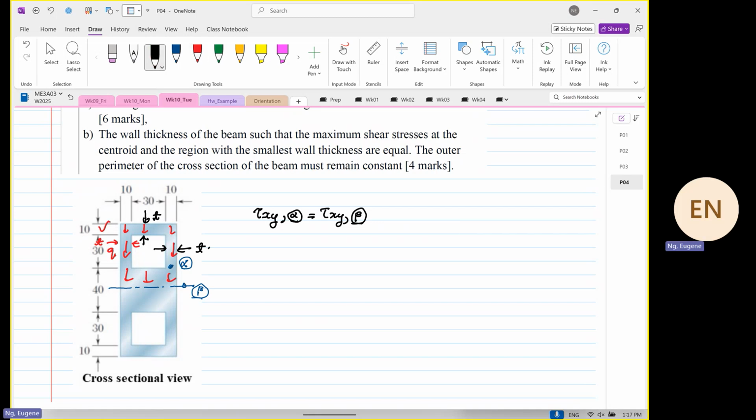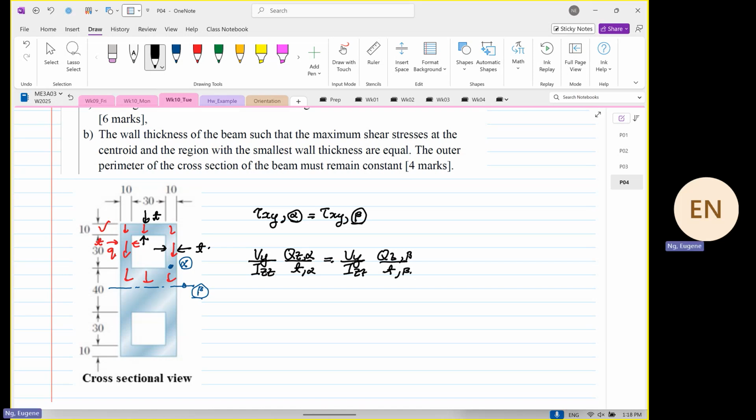Then we have to write that expression: Vy over Izz, Qz alpha over T at alpha must be equal to Vy over Izz, Qz at point beta over the thickness at beta. If the thickness changes, what happens to your second moment of area?